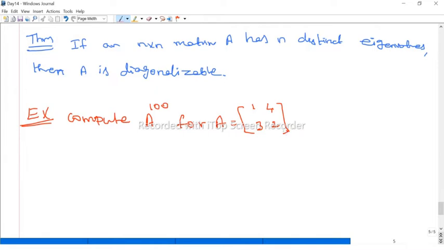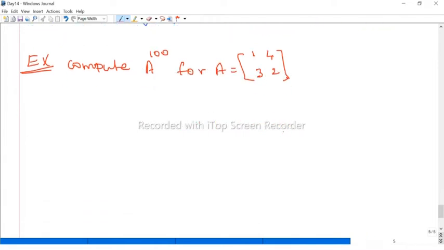The simple one is that first you find the eigenvalues of the given matrix. So we know the characteristic polynomial, right? Because it's a 2 by 2 matrix, we can easily write it. The characteristic polynomial of A is x square minus trace times x plus determinant. Trace is the sum of the diagonal, which is 3. What is the determinant? 2 minus 12 is minus 10.